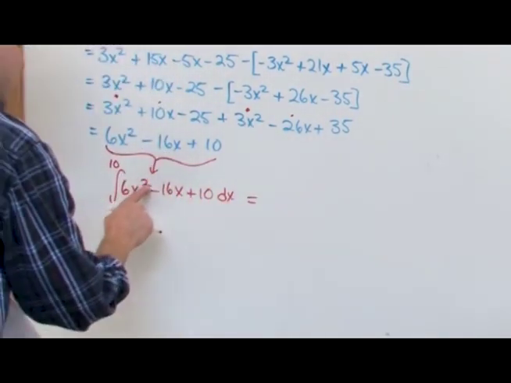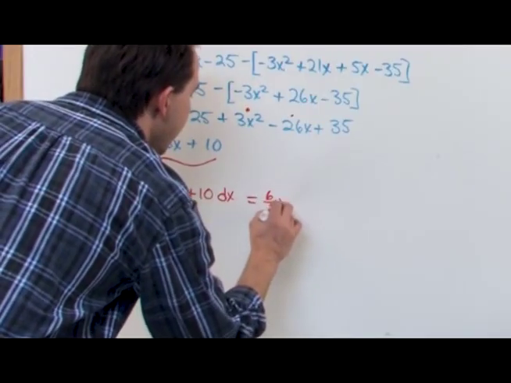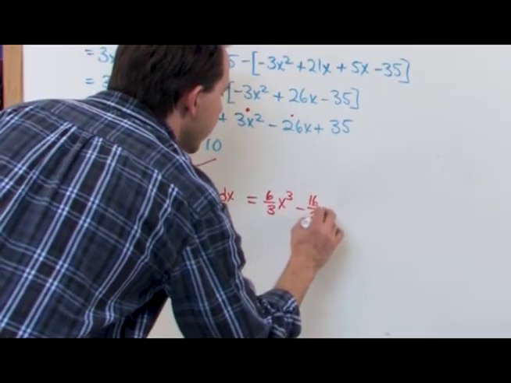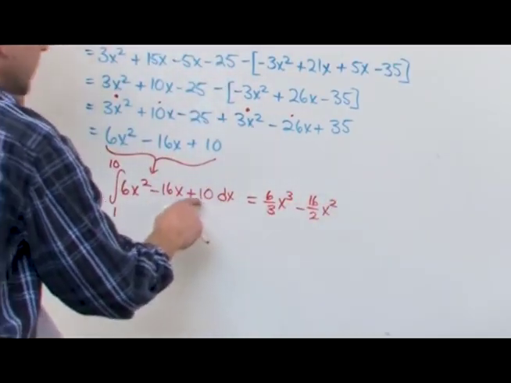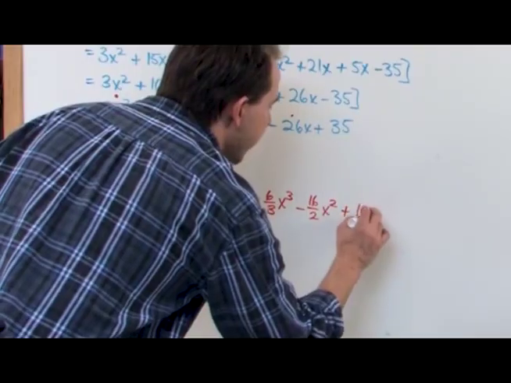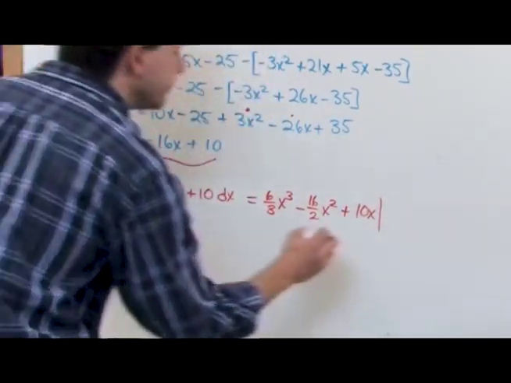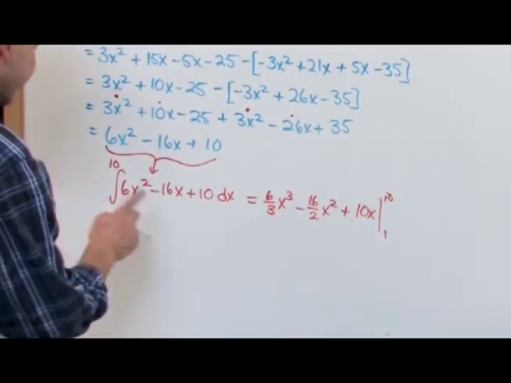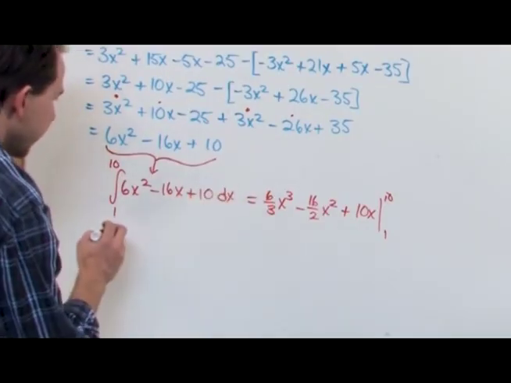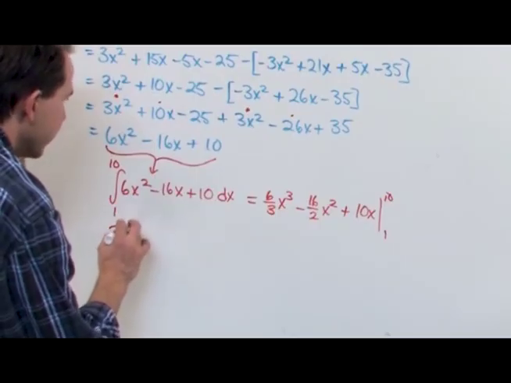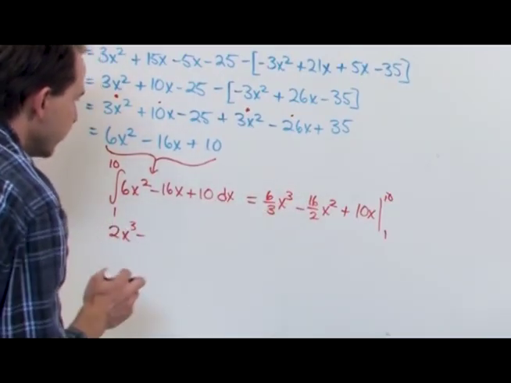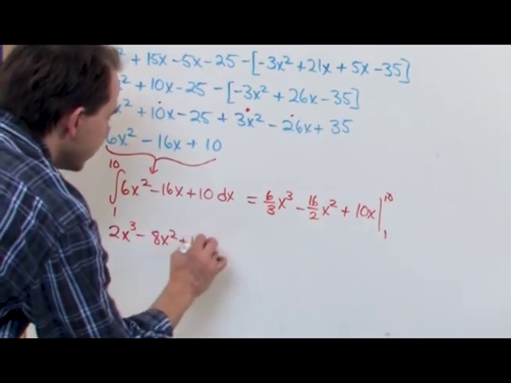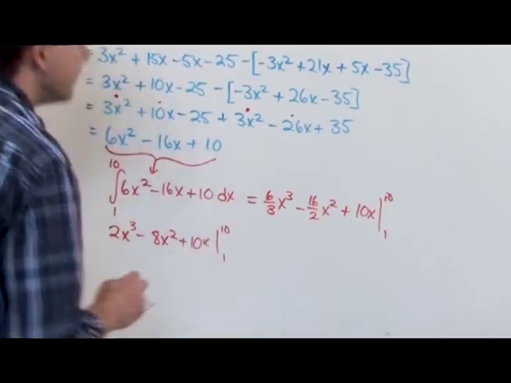So I have 6 over 3 x cubed minus 16 over 2 x squared, exponent plus 1, plus 10x evaluated from 1 to 10. So just before I actually do the math, 6 divided by 3 is going to be 2x cubed minus 16 divided by 2 is going to be 8x squared plus 10x evaluated from 1 to 10.